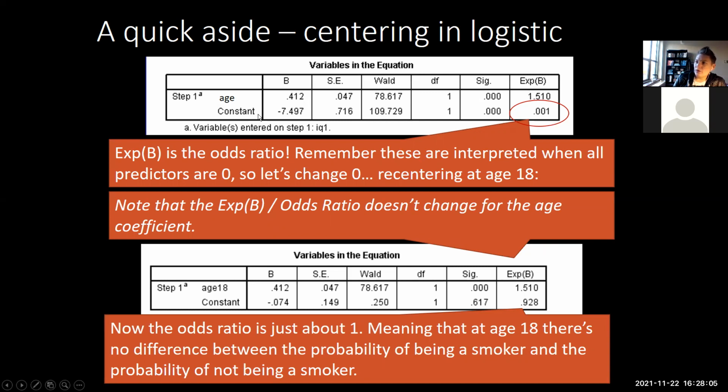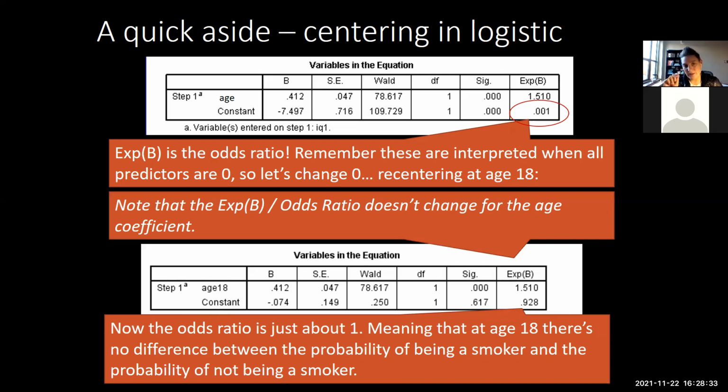If you look down here, once I've recentered age at 18, I don't see a change for the age coefficient, because my age coefficient stays the same no matter what. What I do see is a change in the odds ratio and the logit here for the constant.